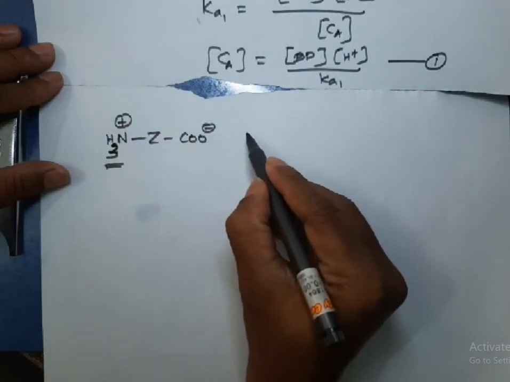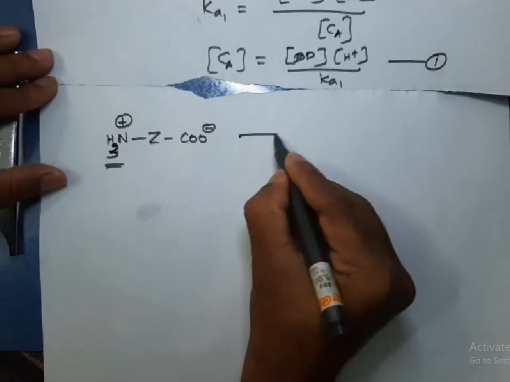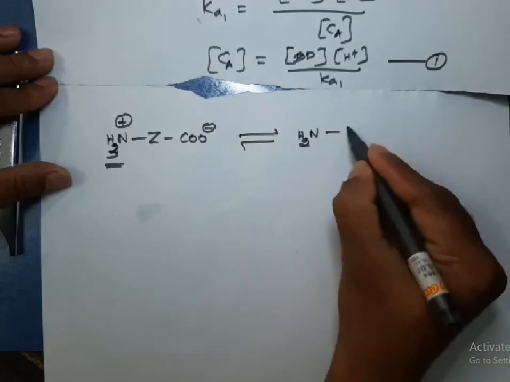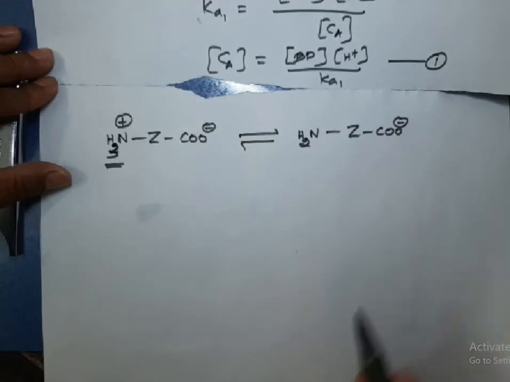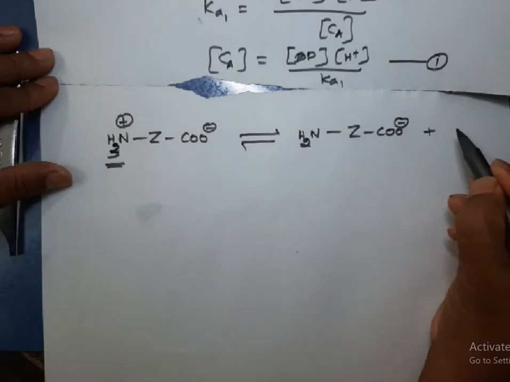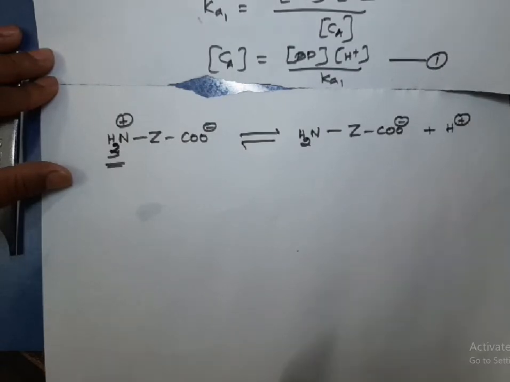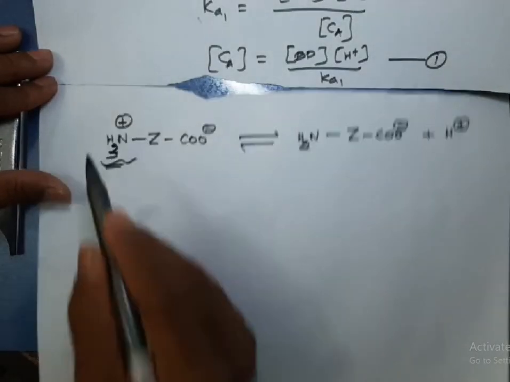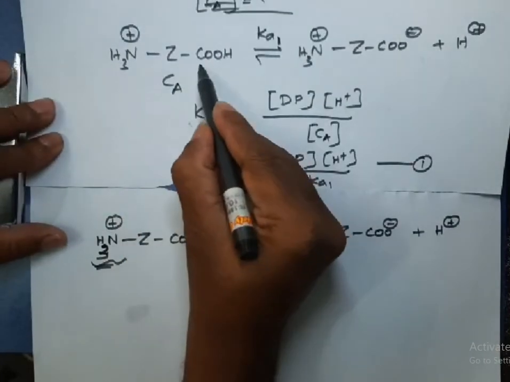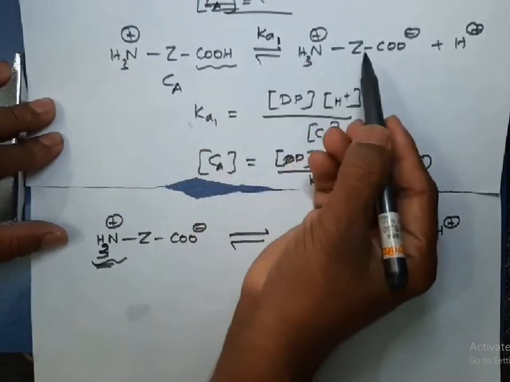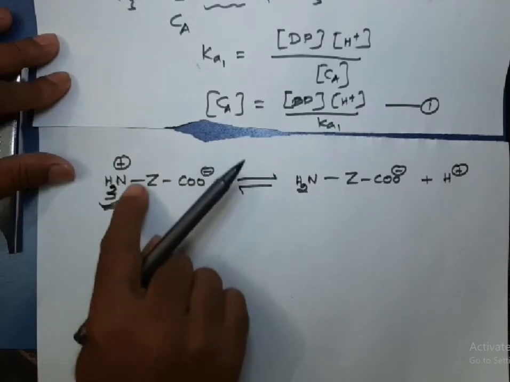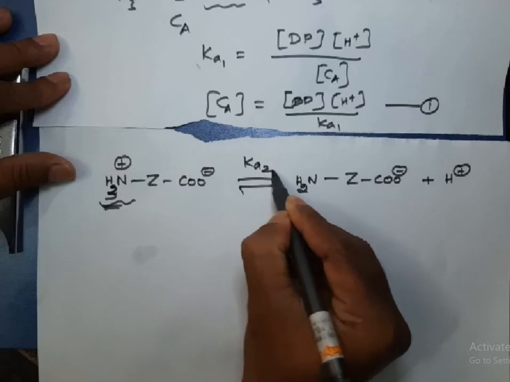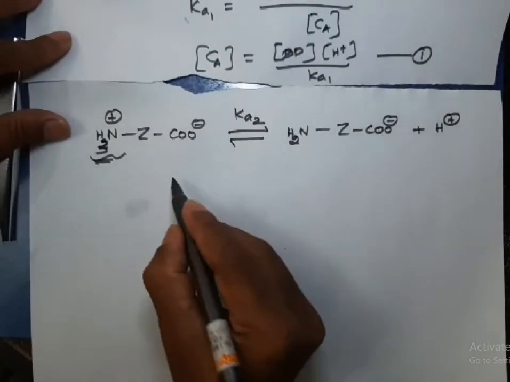So this will dissociate and give you NH2ZCOO- and release one H+. This reaction will give you the Ka value of this particular group. The previous one gives the Ka value for the COOH group, and this gives the Ka value for the NH3+ group. I will take this Ka as Ka2.